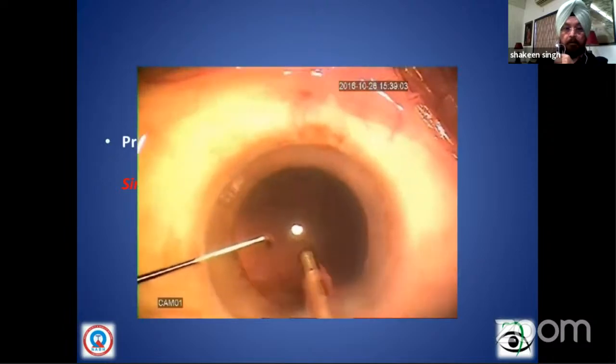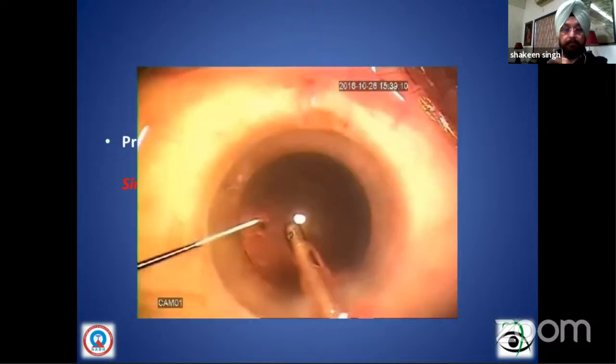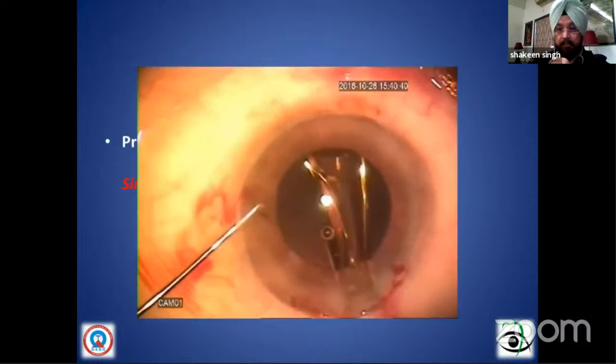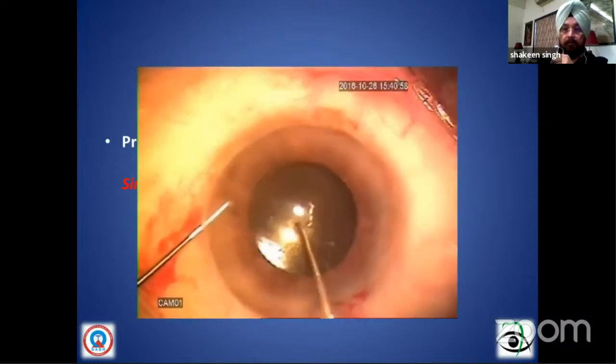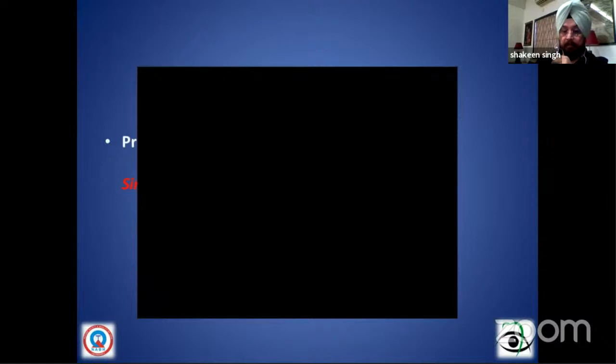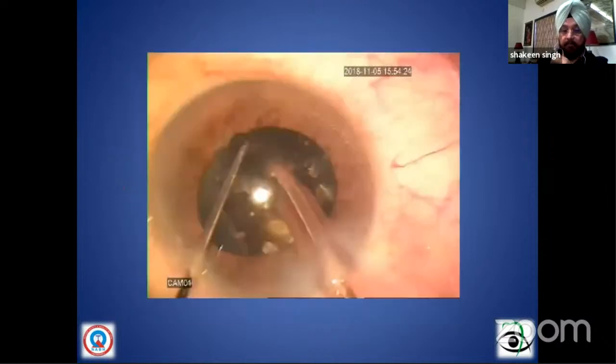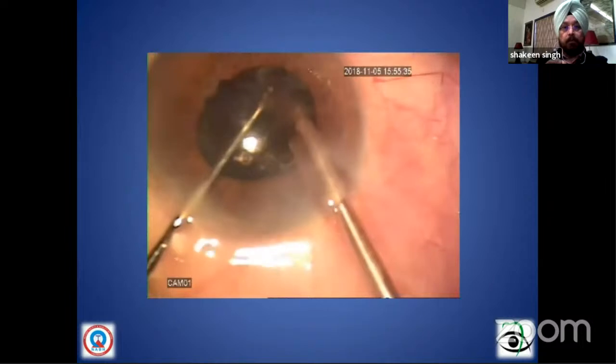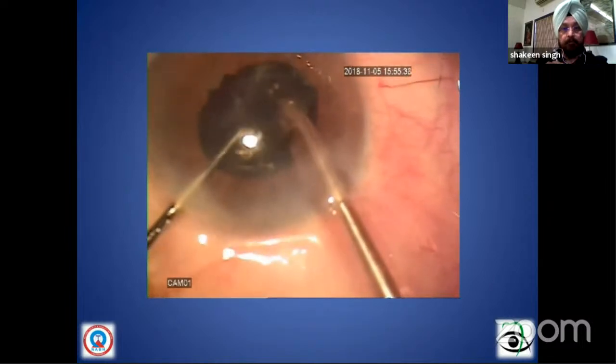With a simple process, you aspirate, and I always use coaxial. My technique is always coaxial. I don't use bimanual. And like it was shared in the previous talk, I always protect with my hook, in case the pupil is not cooperating. So this is the second option with me.